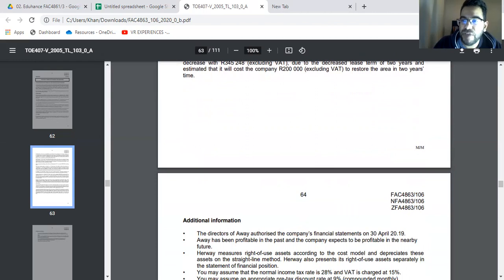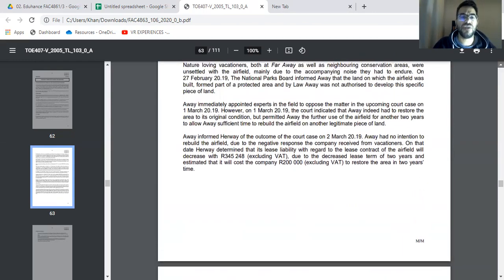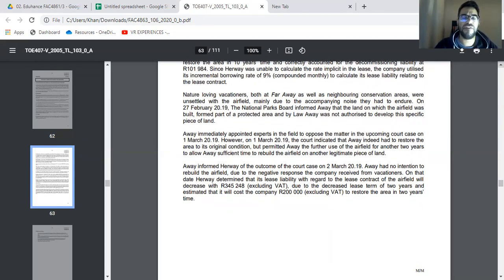So what's happening over here? Just to give you some perspective, remember for Fact 1, Fact 3, there are 4 topics you are going to be covering. You are covering employee benefits, you are covering leases, leases is significant, and then you are covering provisions and events after the reporting date.